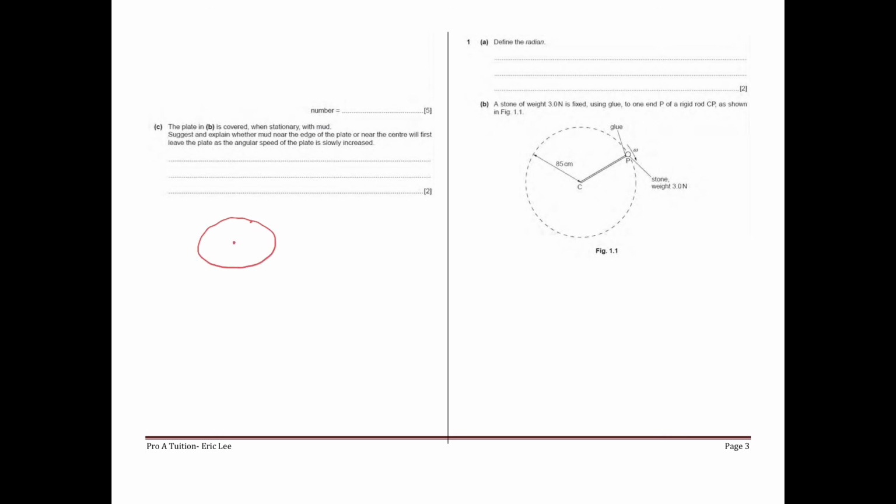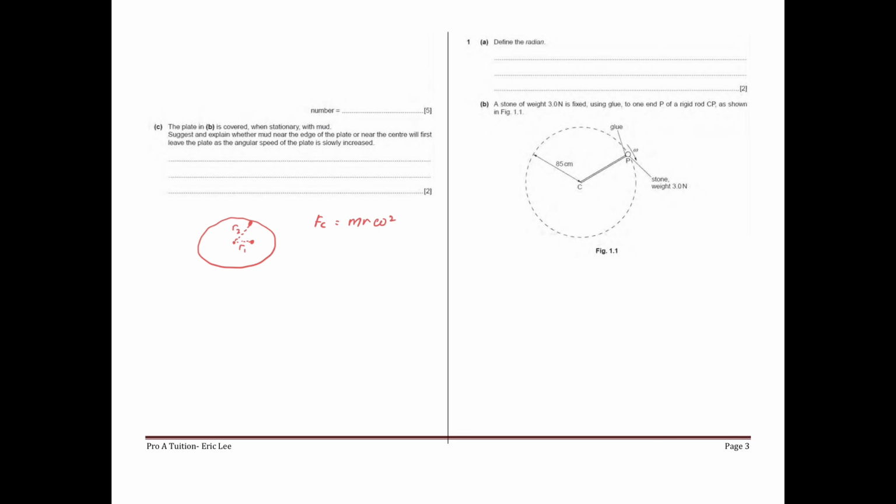You have the center of the circle here, and let's say one mud which is near to the center, another mud which is near to the edge. The difference between these two muds is that the first has a smaller radius and the second has a greater radius, and we know that centripetal force is m r omega square.